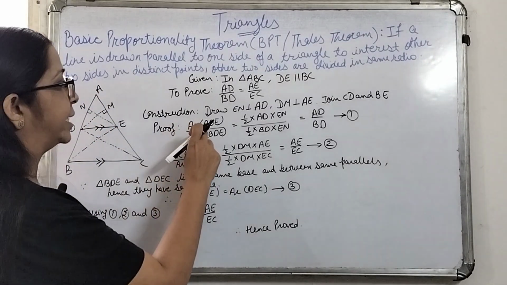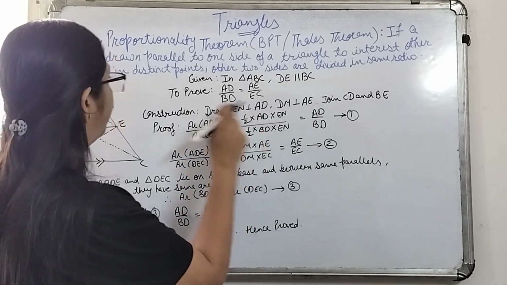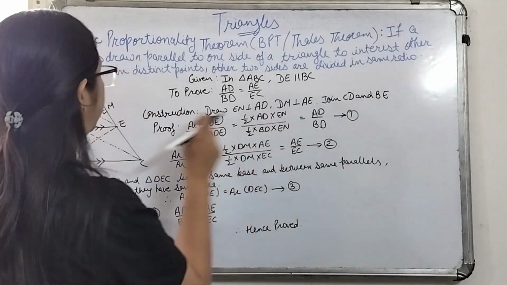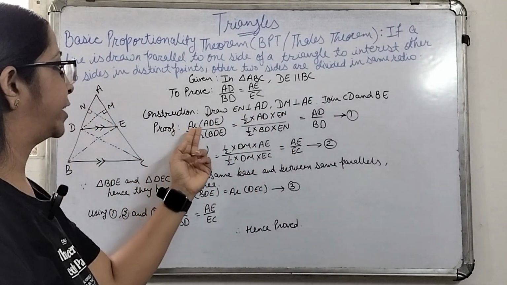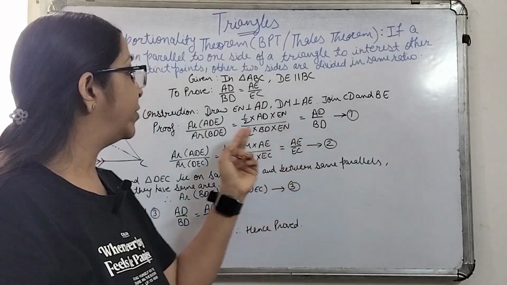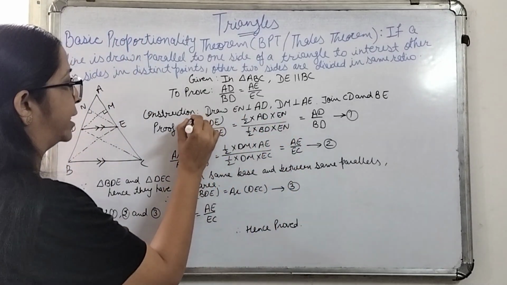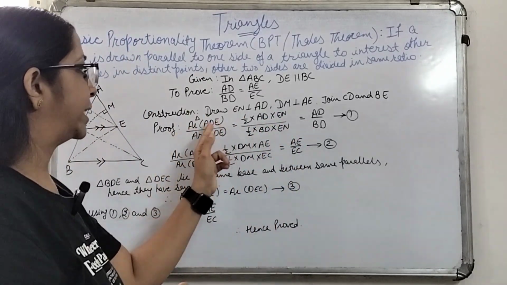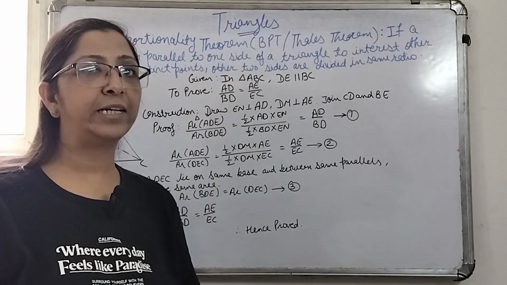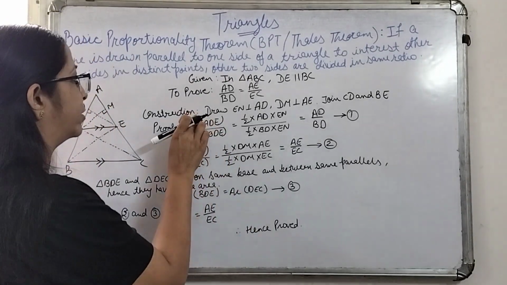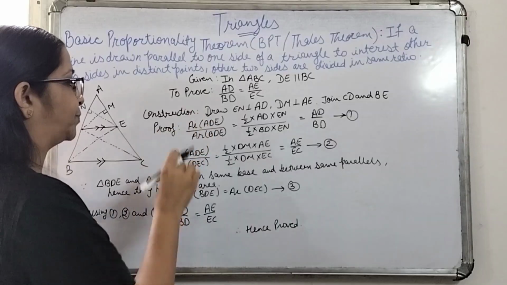So area of triangle ADE will be 1 upon 2 base AD into height EN. We need not always write the triangle sign, because if we write ADE, it means area of triangle ADE.